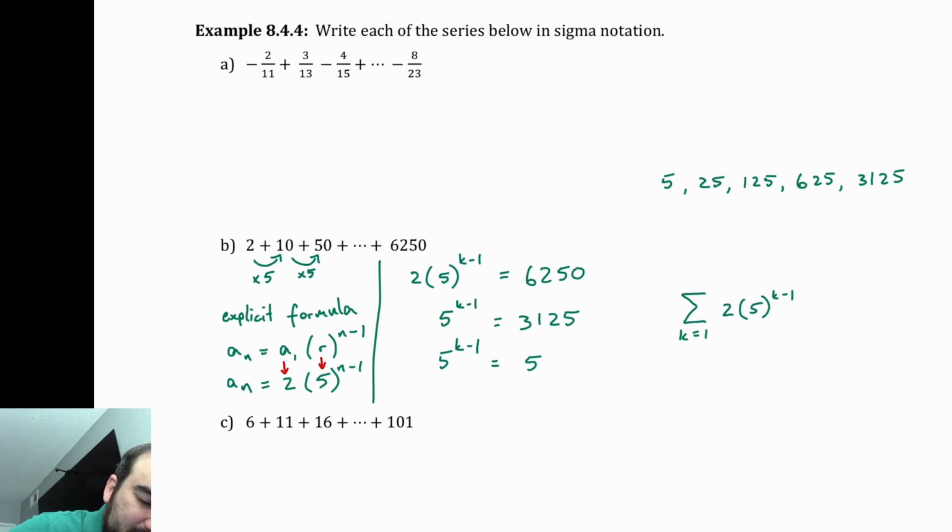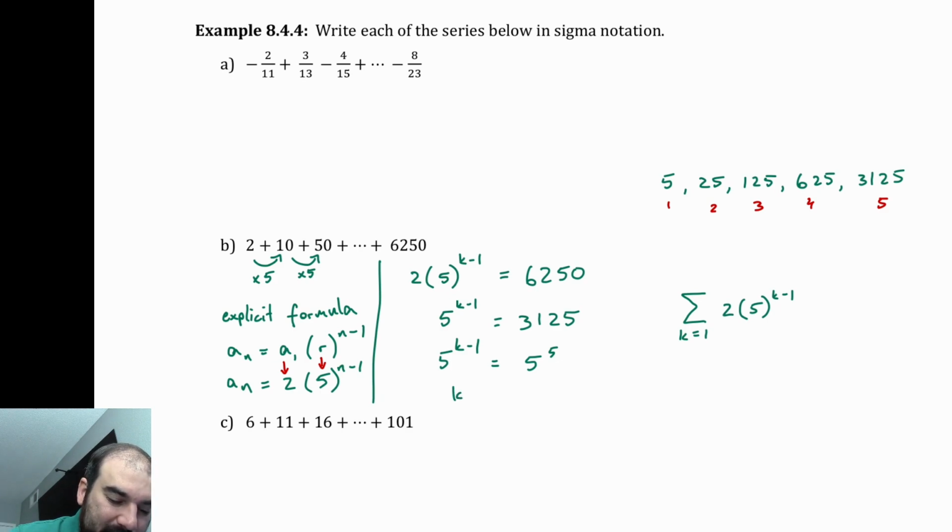So this is 5 to the first power, second, third, fourth, and fifth power. Right? So this 3,125 is 5 to the fifth power. And then we can drop the bases, right? Because they're both base 5 on both sides.